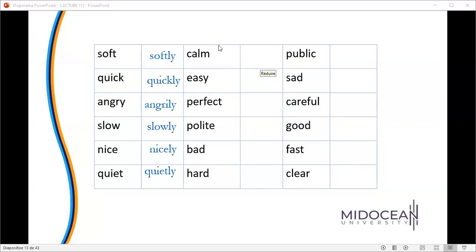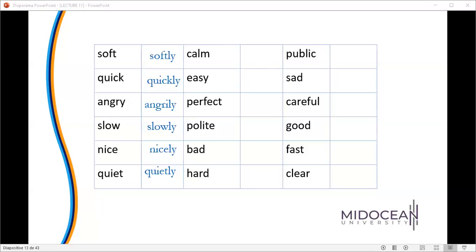Calmly, easily, perfectly. Okay. Politely. Badly.